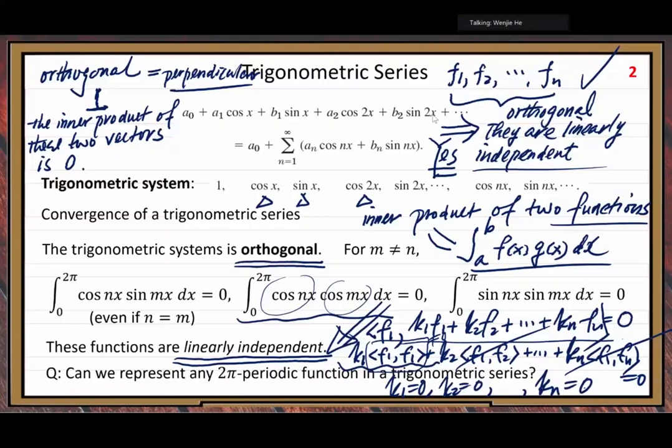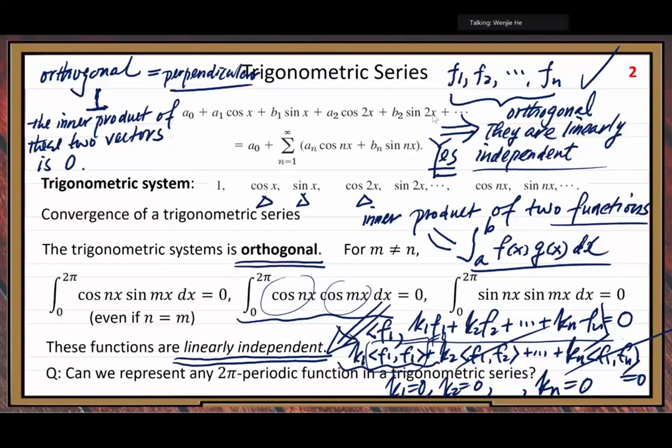Does it mean linearly independent? These functions must be linearly independent, because for any linear combination of these n functions, if it is 0, then the orthogonality forces all the k coefficients to be 0. That's the linear independence, right? So we prove it.